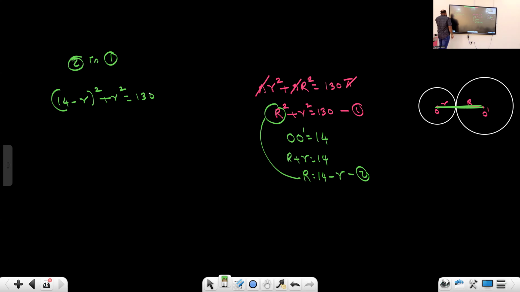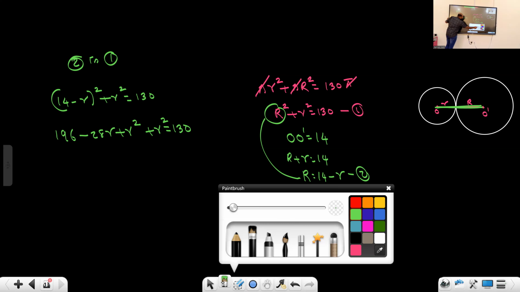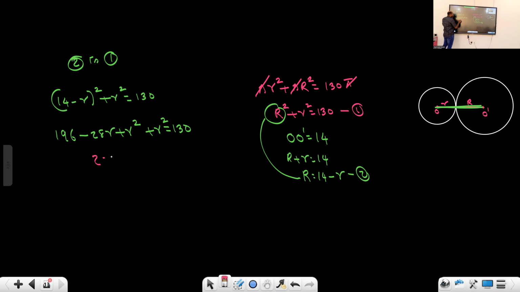14 minus r whole square, using the a minus b whole square expansion: 196 minus 2 into 14, that is 28r, plus r square. That is a square minus 2ab plus b square, plus r square equal to 130. Now 2r square minus 28r plus 196 minus 130 equal to 0.